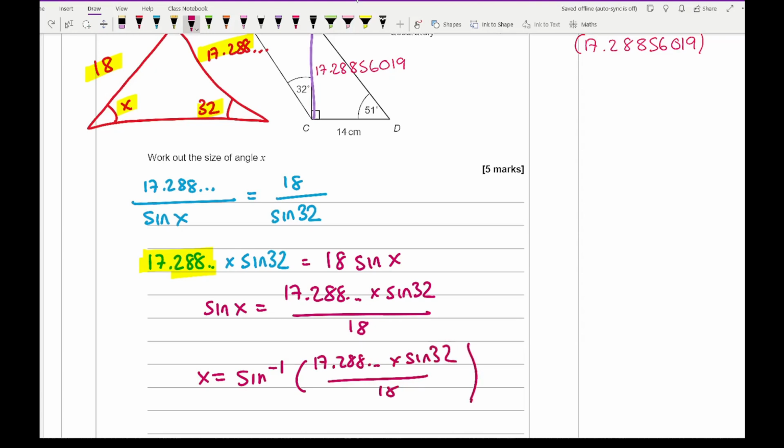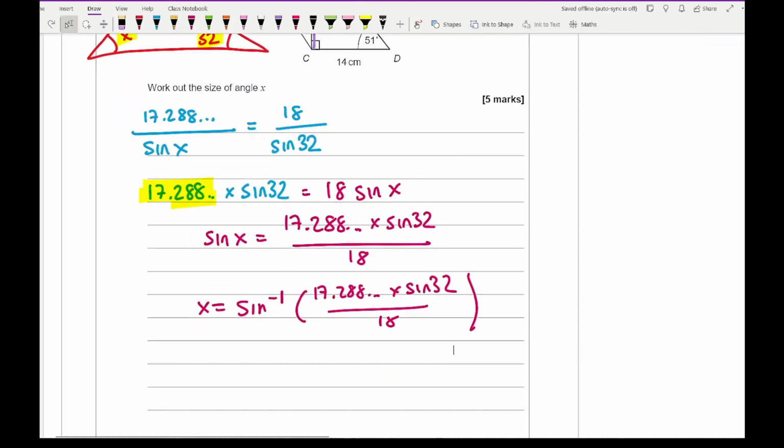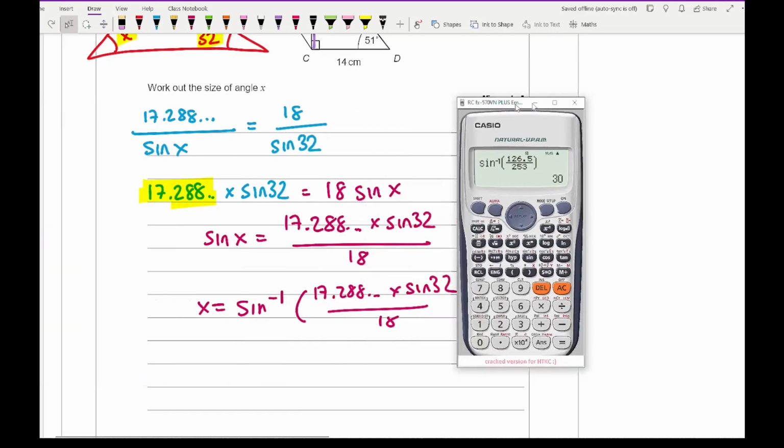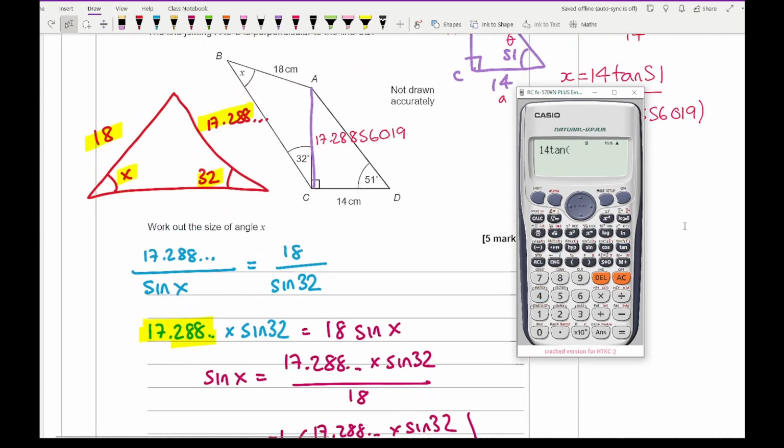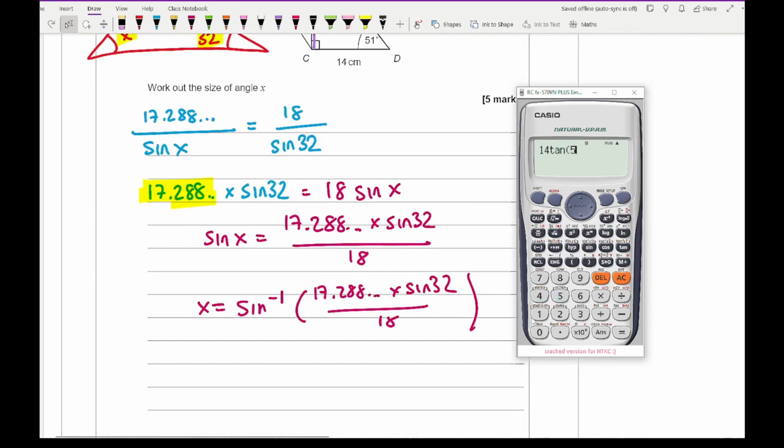Now note that I've been nowhere near a calculator apart from to work out that 17.288. So let me show you how I'll type this into my calculator, and I'm going to try to be as accurate as possible. I know that we've got 14 tan 51. You could just use that number, but I'm going to keep that on my calculator, press equals.